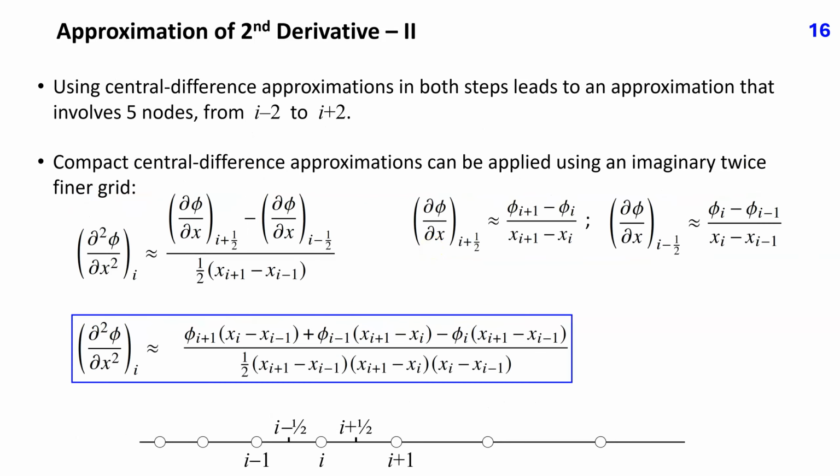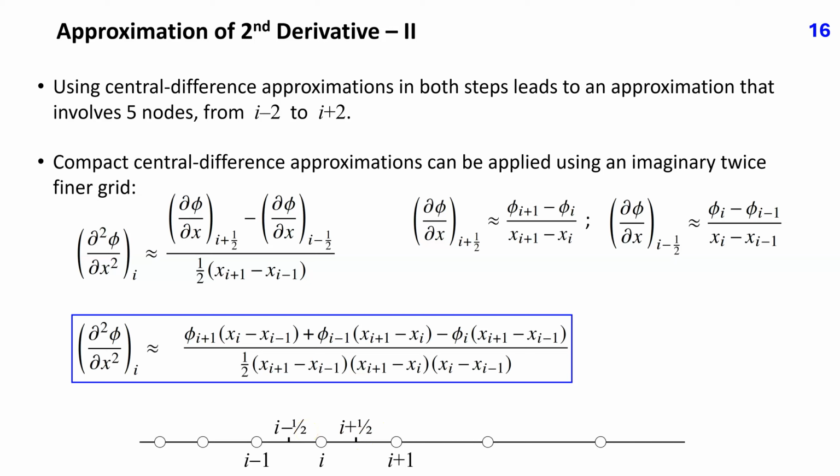If we use central difference approximations in both steps, we obtain an approximation which involves 5 nodes from I plus 2 to I minus 2. Such approximations are cumbersome and are difficult to apply near boundaries. The most widely used approach is to apply central differences in compact form, using auxiliary nodes between grid nodes, as shown in this figure.